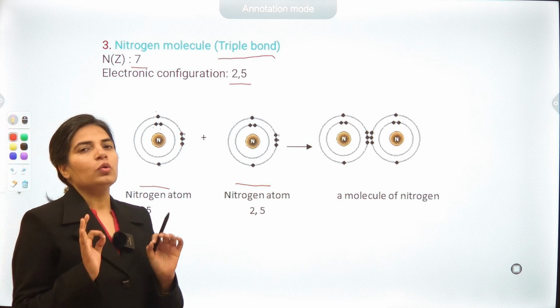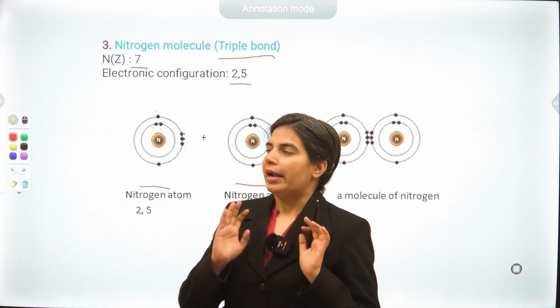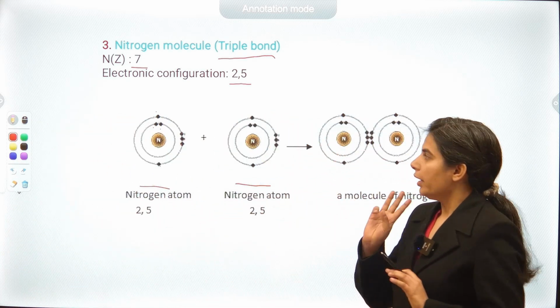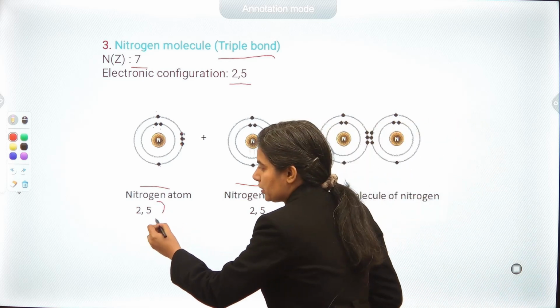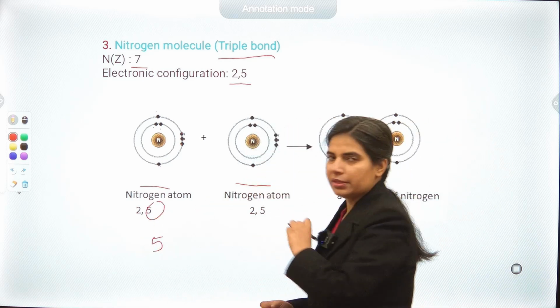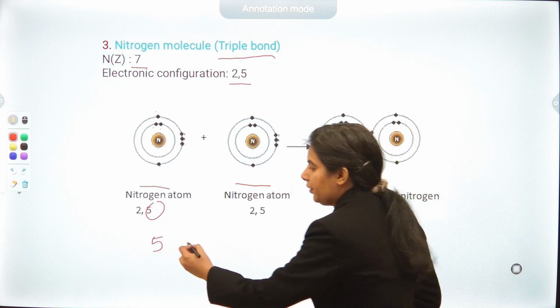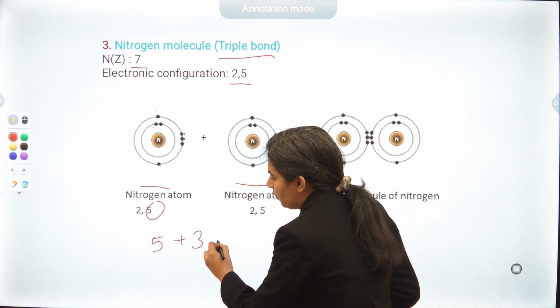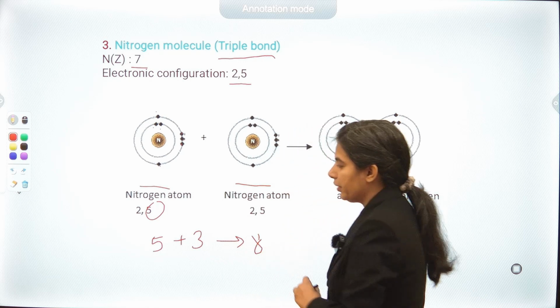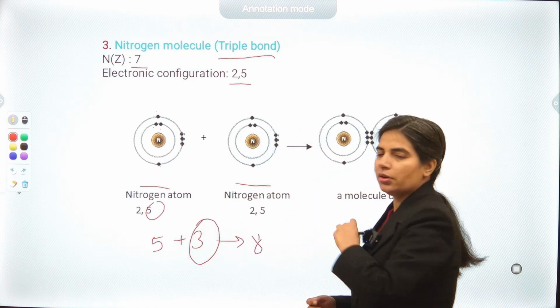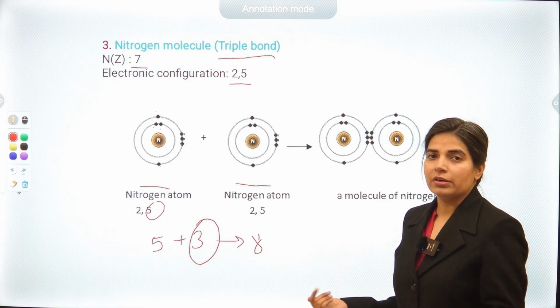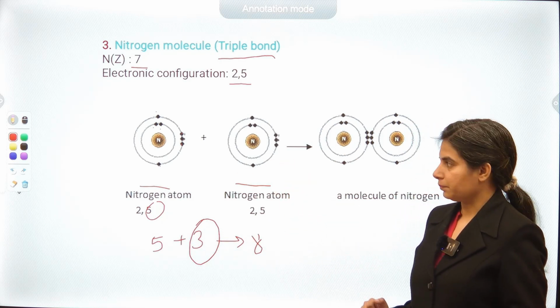In order to complete its octet, nitrogen need 3 more electrons. Say nitrogen is having 5 electrons in its outermost shell and by gaining 3 more electrons it will complete its octet. And how nitrogen is managing these 3 electrons? Just by sharing from the neighboring atom.